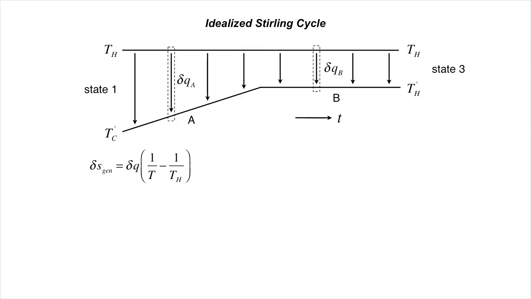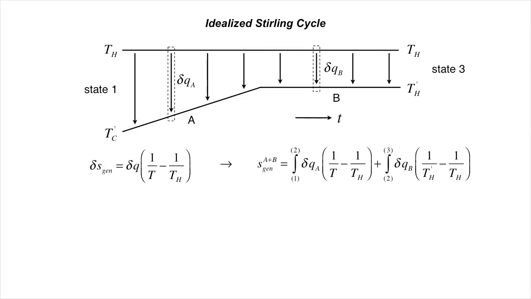As we discussed in a previous episode, whenever heat flows under a temperature gradient inside our system, we will generate entropy. The differential rate of entropy generation, dS_gen, is given by the differential heat flow, dQ, times the difference in reciprocal temperature across the gradient.